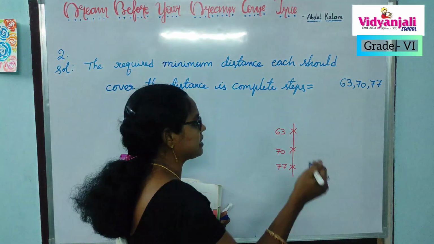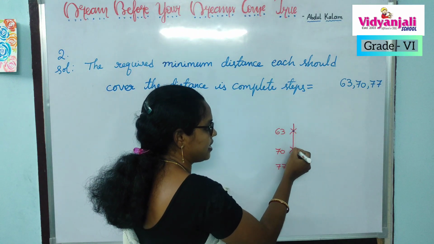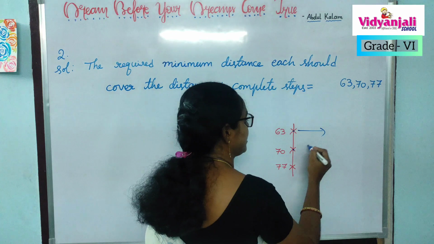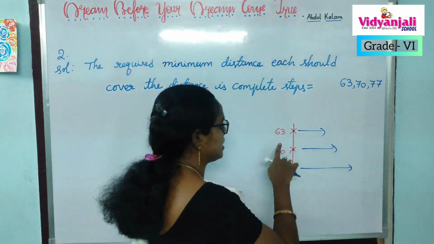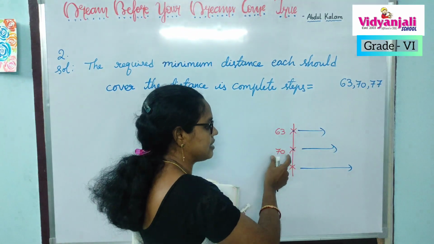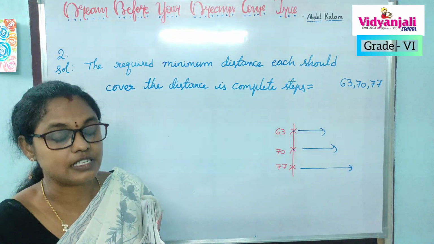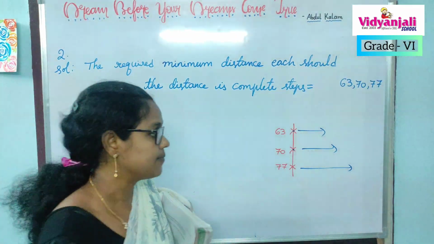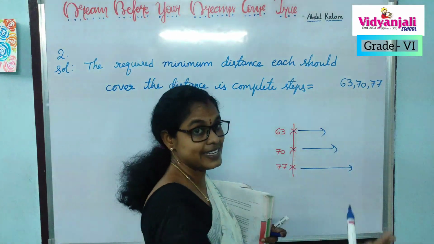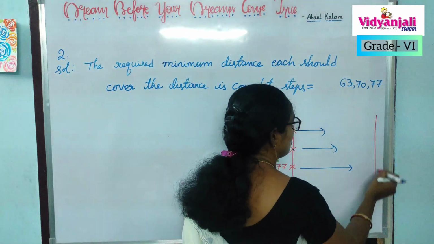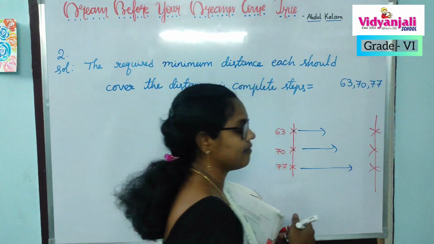See, all started at the same spot and they are walking, right? Whose foot measure is less can cover less distance, and whose foot measure is more covers more distance. And what is the question? After how many steps will they all meet?